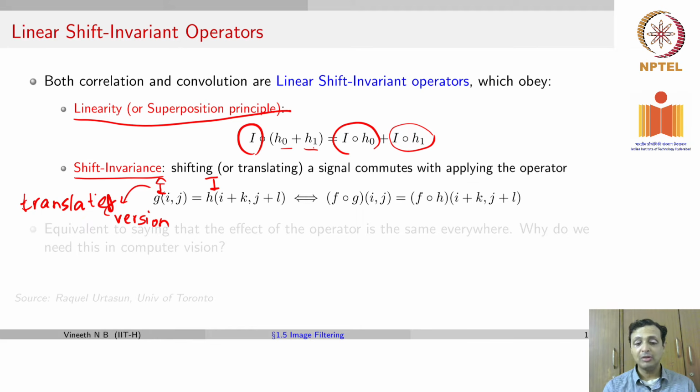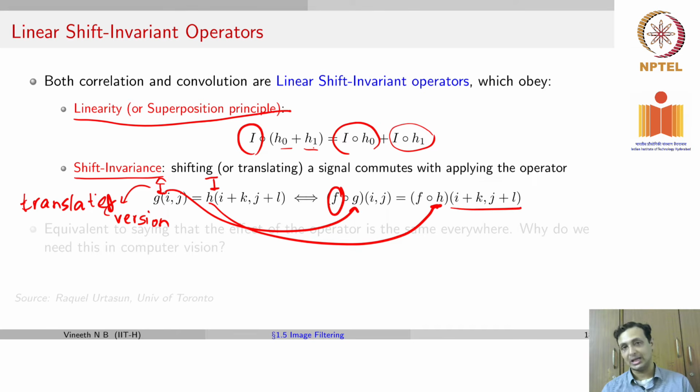Now if you have a filter f, whether you convolve it with I hat or you convolve it with H at the translated locations, you will get the same output. This may seem trivial at first go, but it is an important property.